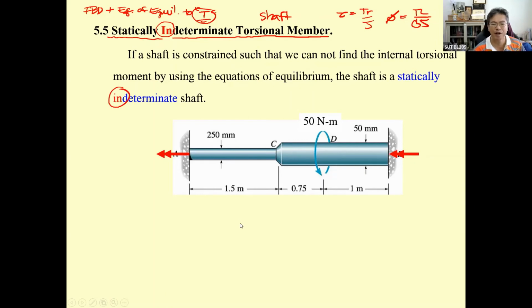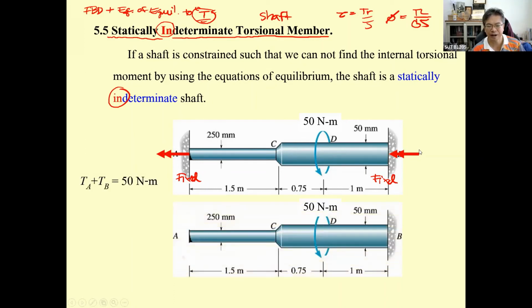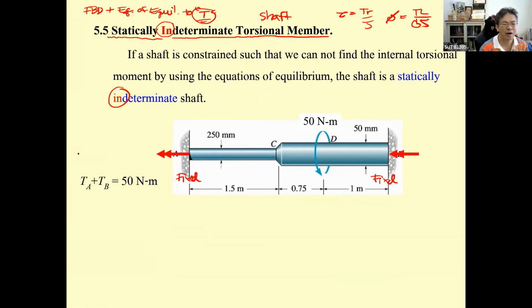For example, we have the shaft that is fixed at A and also fixed at B. That is going to be the reaction T sub A and T sub B as the fixed support. And when you do the summation of the moment about the x-axis, by putting this direction as positive, you have one equation. That's not enough to solve for these two unknowns.